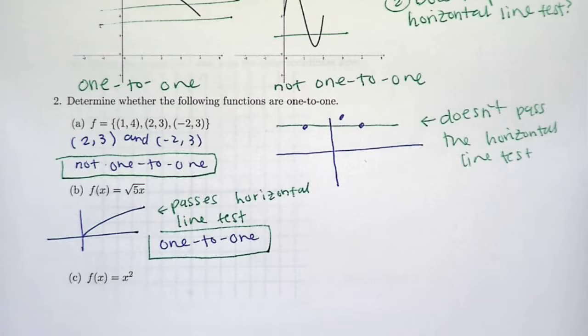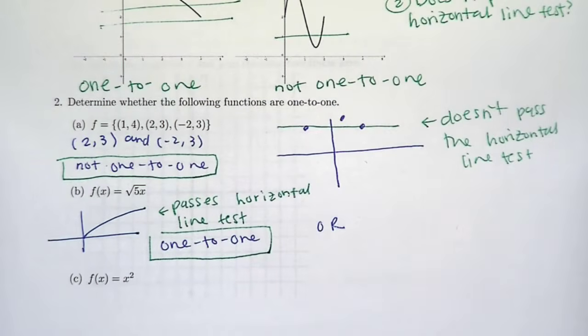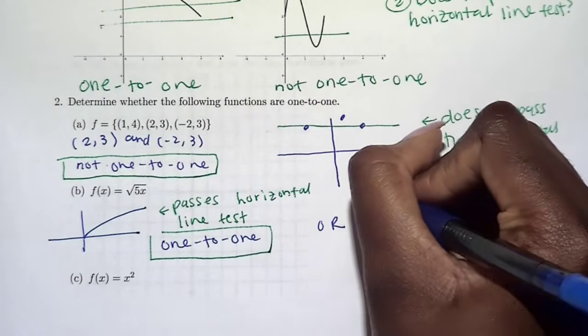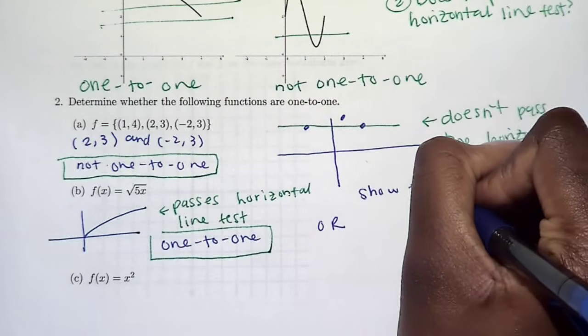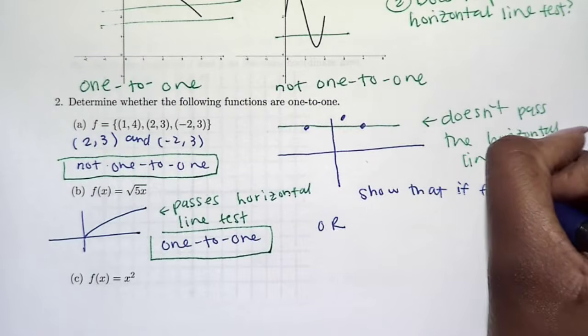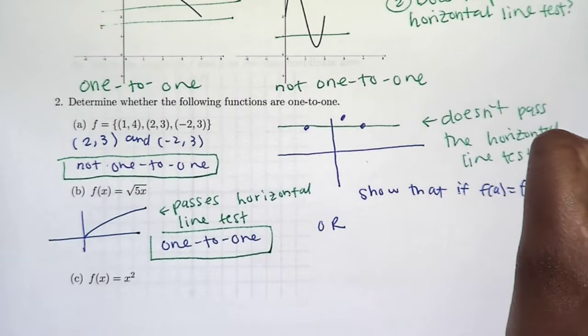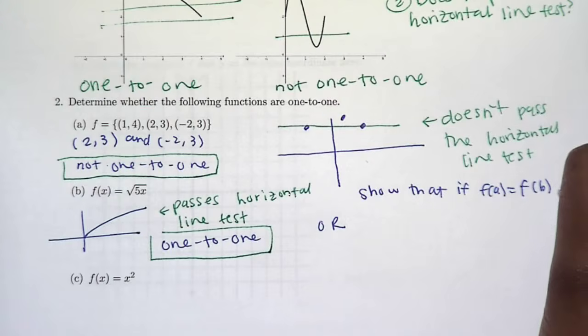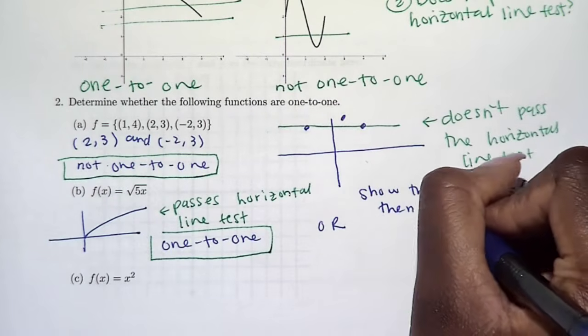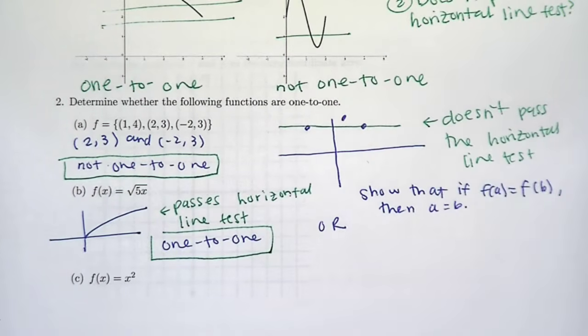However, what if you didn't remember the horizontal line test or you didn't remember what the graph looked like? You could also do it algebraically. Algebraically, again, we want to show that each x value has its own y value. So the way we could write this out is that we need to show that if f of a equals f of b, then a equals b, right?